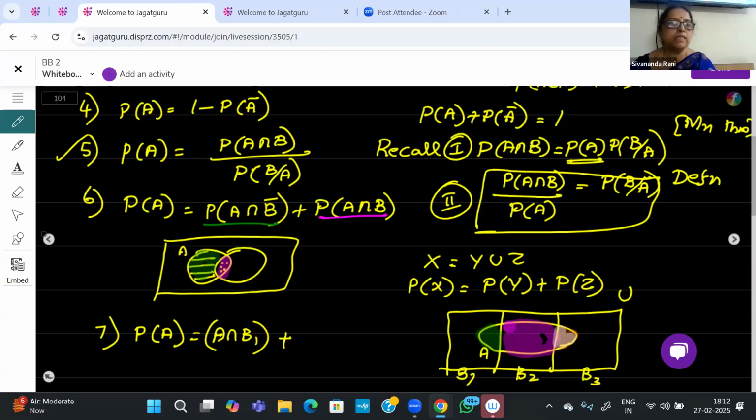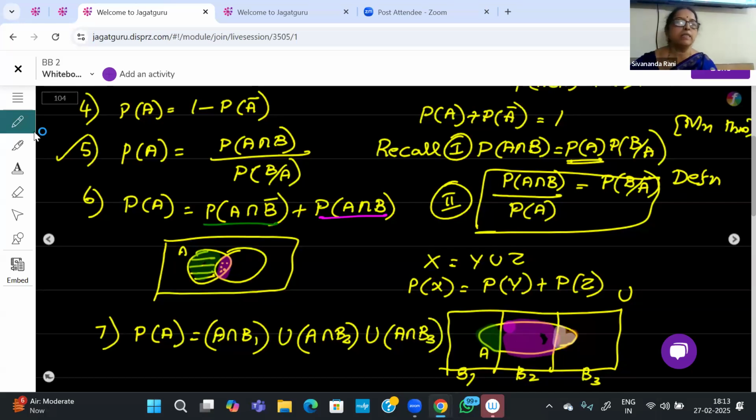What is the pink portion? The pink portion seems to be A intersection B2, correct? Pink portion is A intersection B2. And of course, the yellow portion, what I've shaded finally, is this.